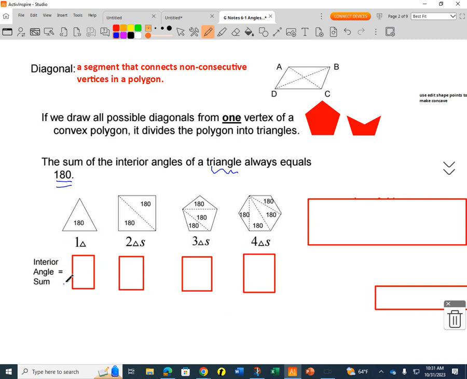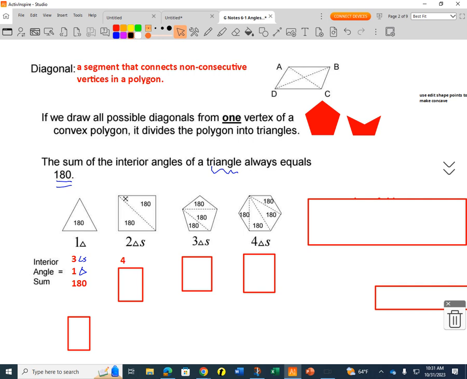So the interior angle sum of a triangle: the number of triangles is 1. It has 3 sides or 3 angles, however you want to think about it. So I'm going to put 3 angles, which is the same number of sides, 1 triangle, 180 degrees.